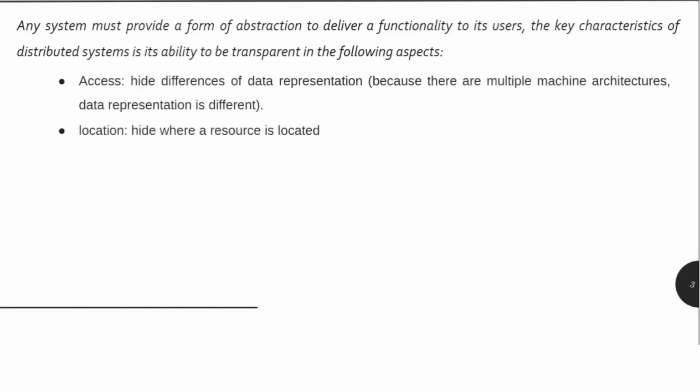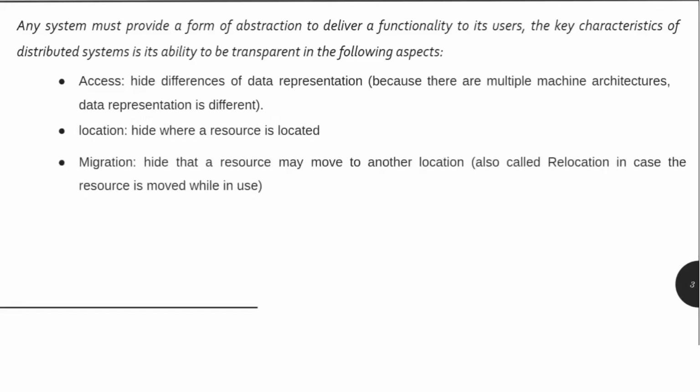It needs to have location transparency. You need to hide where a resource is located. And migration transparency, which means hide that a resource may move to another location, also called relocation in the case a resource is moved while in use. It needs to have replication transparency.